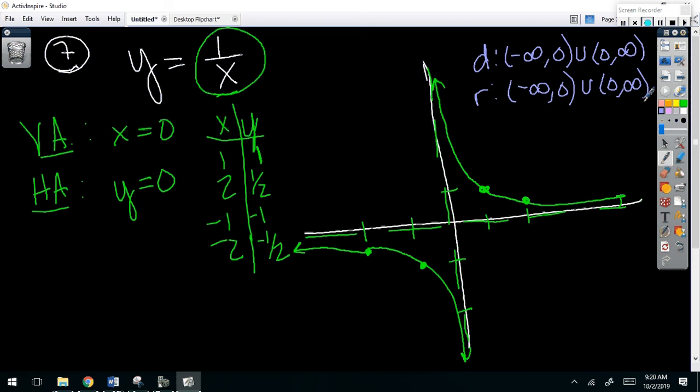What's the end behavior look like? What does y approach as x goes far to the right? The bigger x gets, what is the graph doing?